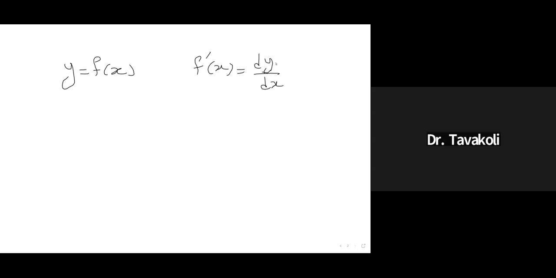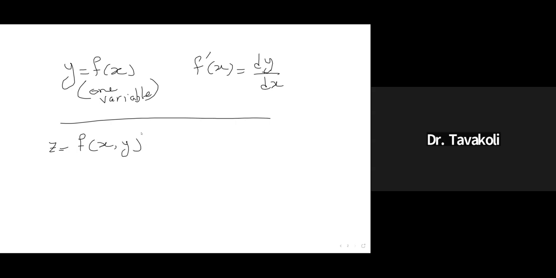But in the case of functions of one variable, this was it. In the case of several variables, for example, if it is a function of two variables, suppose I have z equals f of x and y, we should specify that our derivative is with respect to which of the two independent variables x and y.